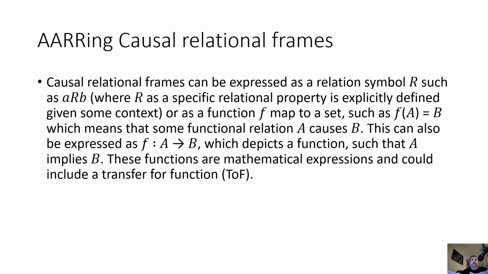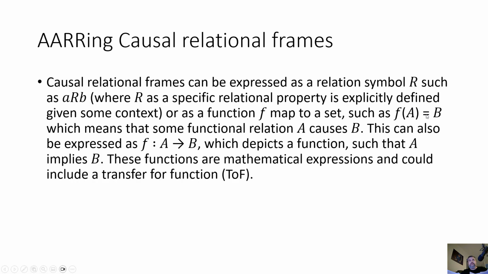So all this means is A R B. That means A and B have some kind of connection with some relation R. That's all that's saying. There's some kind of relational property, but it's not telling you what. There's no specification of what that relation is. So you've got to create some kind of function, some function f to map to a set, such as f(A) equals B. So that's a function.